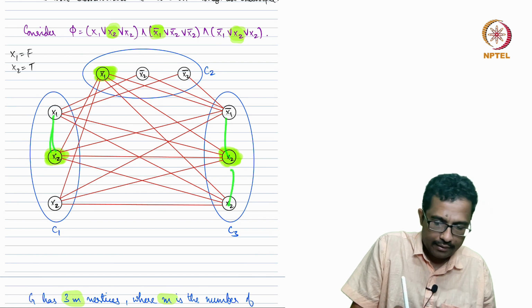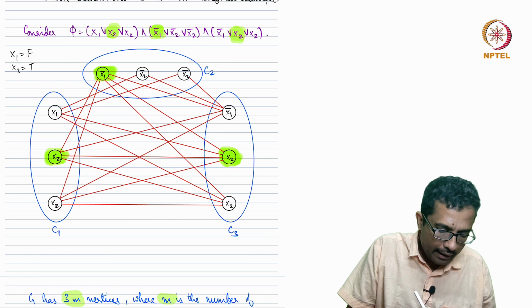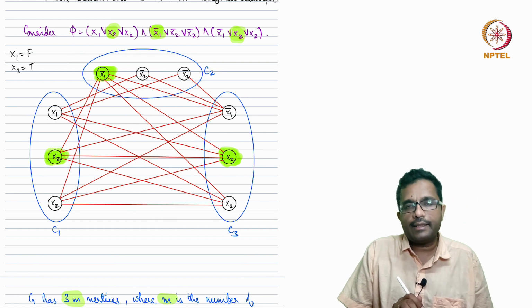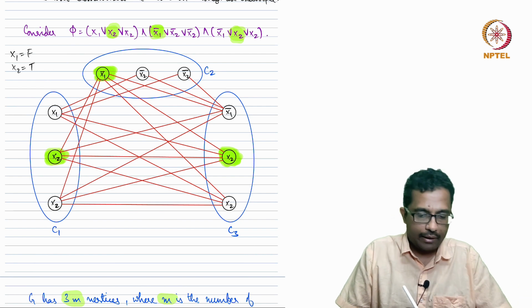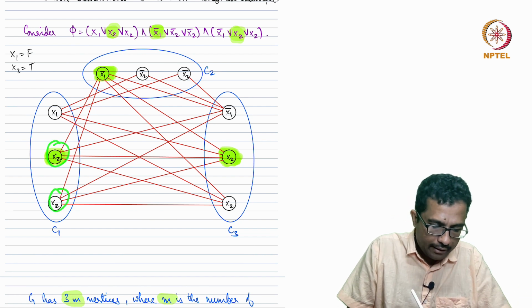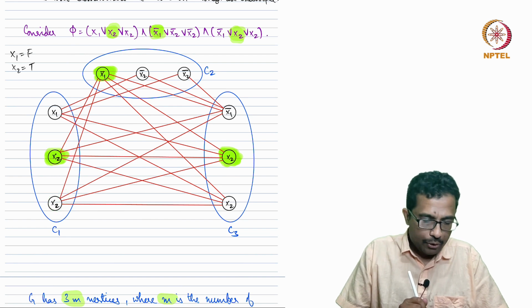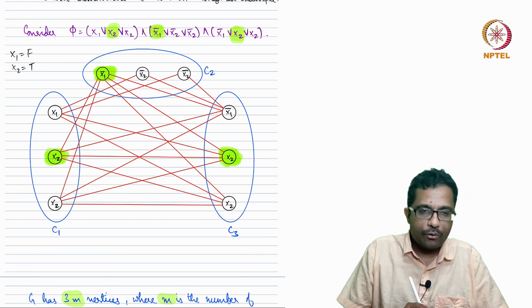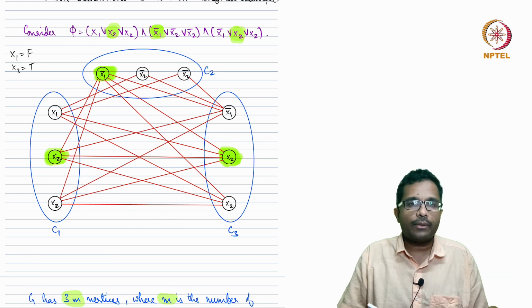These edges do not exist. Which means I can have at most one vertex in this m clique from each group. I cannot have more than one vertex because if I pick two of these vertices, then this is not going to be a clique, right? So I can have at most one vertex from each group, but then there are only m groups, which means I have to have one vertex from each group.